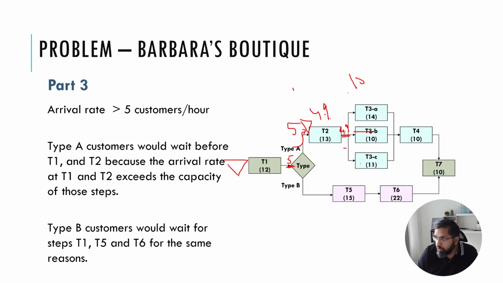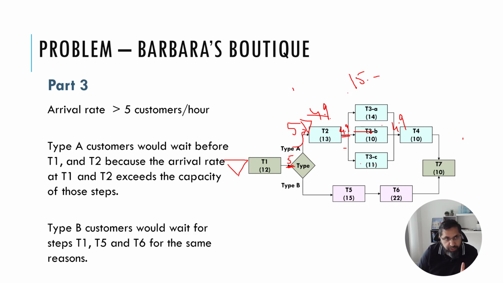Remember, the capacity of T3 was 15 point something, more than 15. So there's going to be no queue formed here, because whatever comes out of T2, T3 can just gobble up. The capacity is much more than the load on T3. So because the capacity of T3 is more than 4.9, the output here is also going to be 4.9.